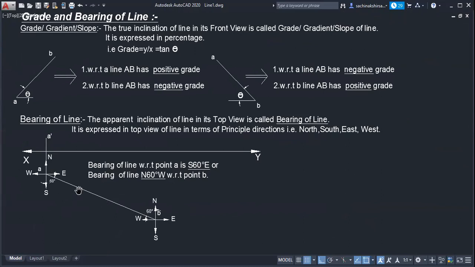Keep in mind, bearing is always mentioned with vertical, with respect to that particular point. But that beta in our projection of line chapter, apparent angle beta, always we are taking it with horizontal. That's why bearing is called indirect beta.